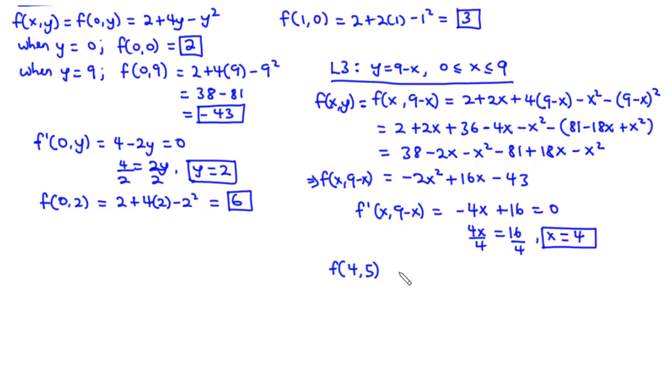So f(4, 5) is equal to negative 2 times 4 squared plus 16 times 4 minus 43. 4 squared is 16, times negative 2 is negative 32. 16 times 4 is 64, and then minus 43.